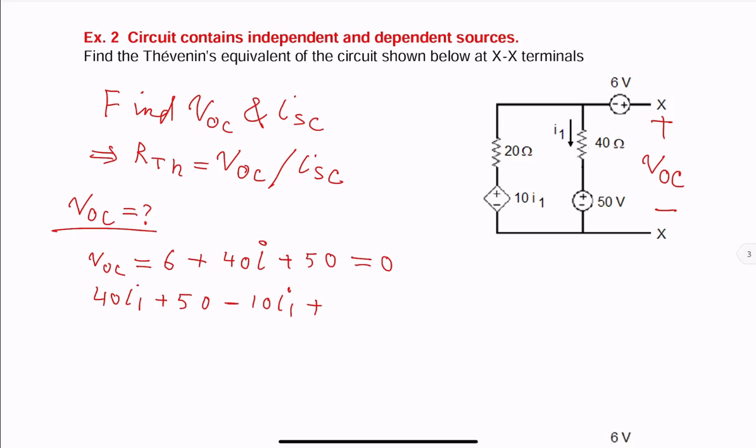And finally, 20 ohm resistor, current is I1, equal to 0. From our second equation, we find I1 equal to -1. Put that in the first equation.